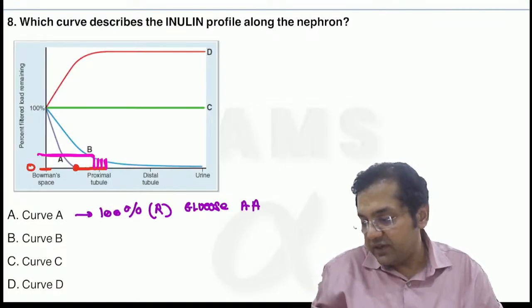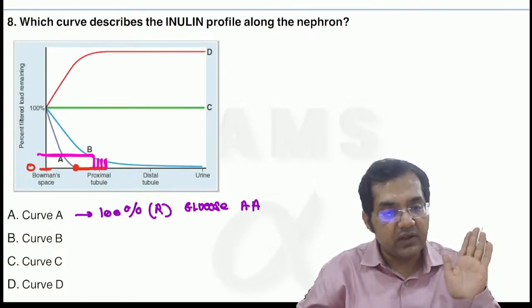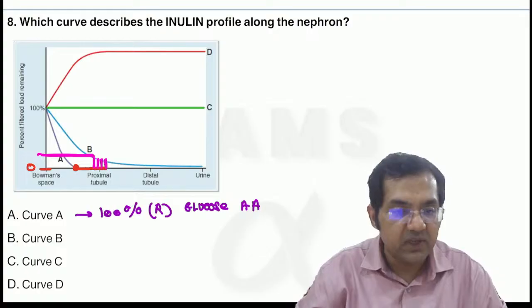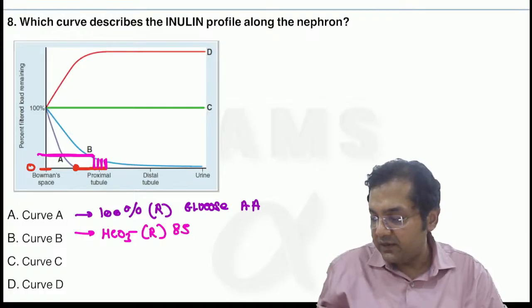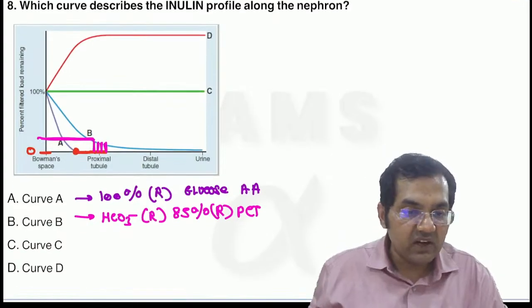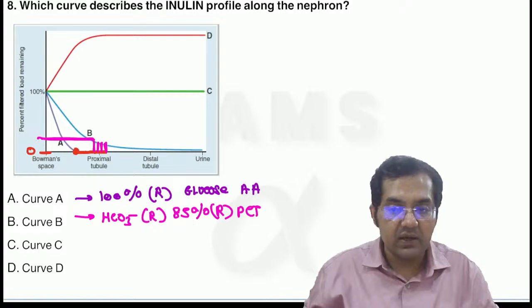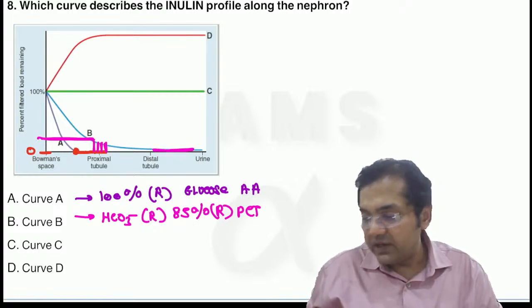That means 100% of B has not been reabsorbed, but a high percentage has been reabsorbed. So what could be B? B is none other than bicarbonates. Remember, it is 85% reabsorbed in the PCT. That means even after the proximal tubule, I have some amount of bicarb. And as I approach after the distal tubule, 100% has been reabsorbed.